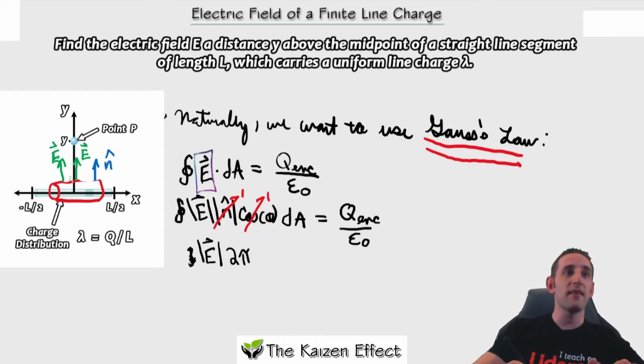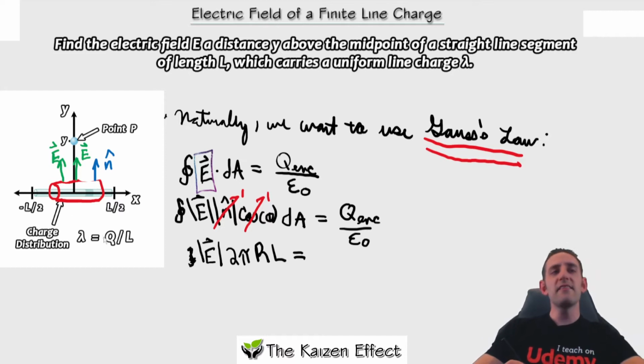And we would have to extend this out to the point we're interested in, at point P of Y. I'm going to call it R in this case. So R is synonymous with Y and the length of your cylinder. So that is equal to the charge that's enclosed inside this cylinder. We know that that is just, well, lambda L equals Q, and we end up with lambda L over epsilon naught.